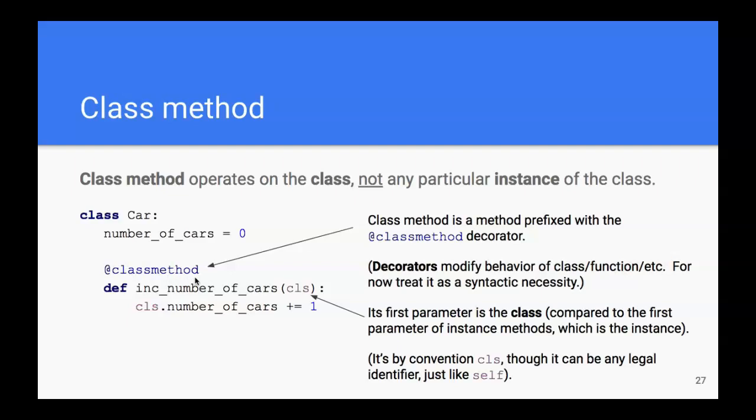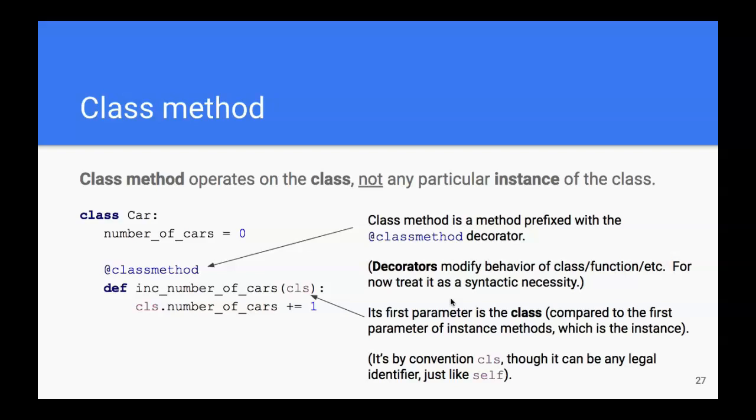It's just the syntax. The first parameter of a class method is the class, just like the first parameter of an instance method is the instance. So for a class method, it's the class itself.